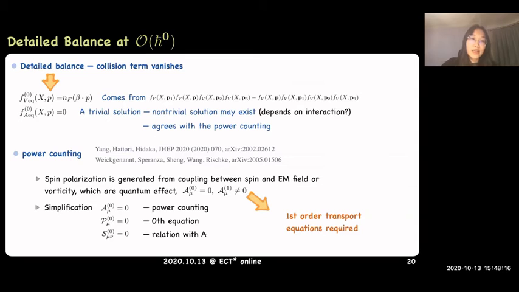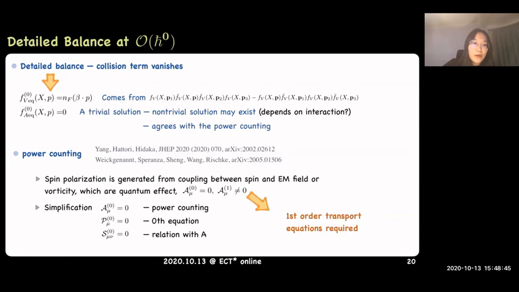It exactly equals 0. There may be non-trivial ones, but maybe it depends on interaction. But the trivial solution of the axial charge distribution function agrees with the power counting that is used by other researchers with the collision terms.